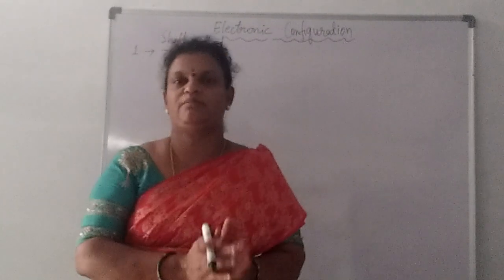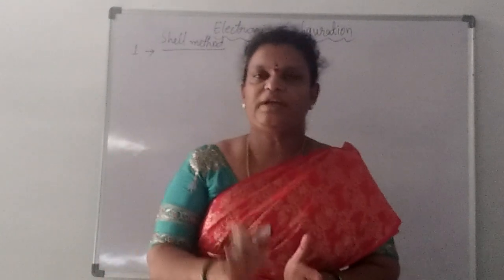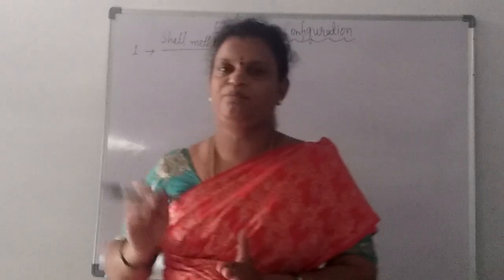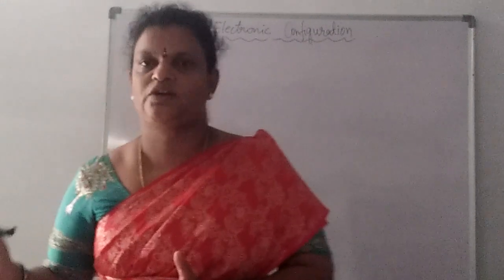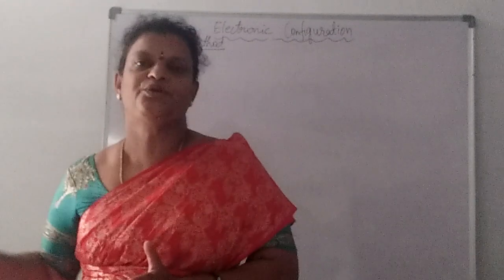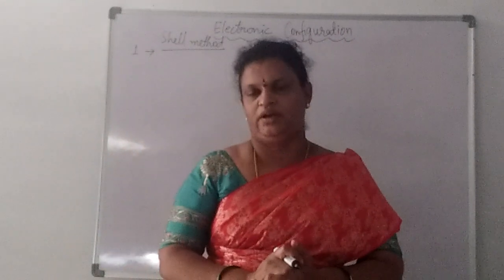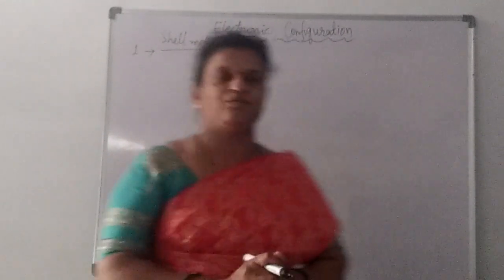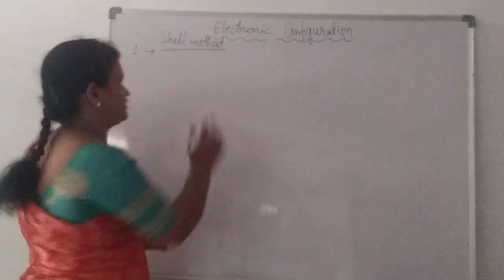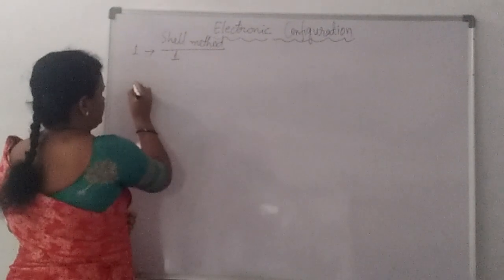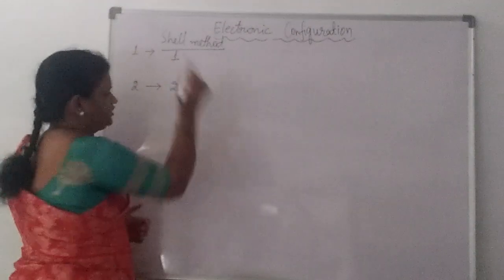In that shell, how many electrons are there? We'll put a comma, then come to the second shell, write the number of electrons, put a comma, then the third shell number of electrons, put a comma. Like that we'll continue to write the electronic configuration, right? So in shell method, for the atom with atomic number 1, just write 1. For the second element, we'll write just 2.